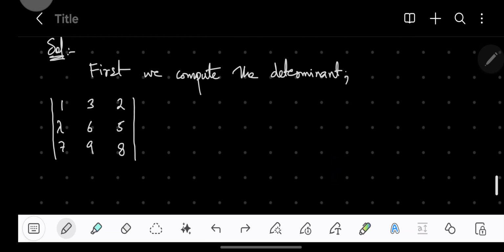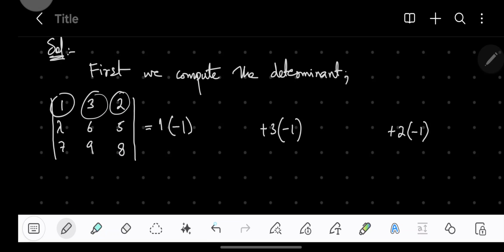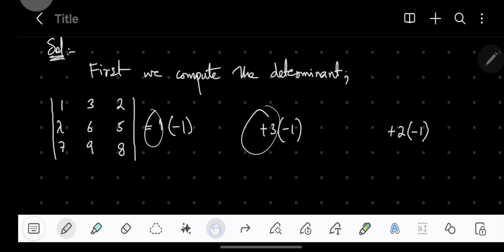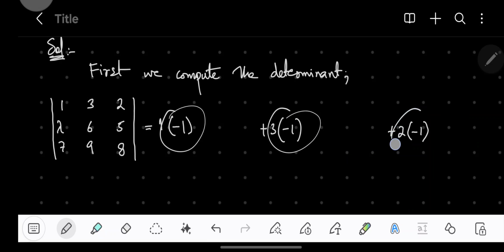So what is the determinant of this matrix? If we compute the determinant along the first row, you can check the first row has 1, 3 and 2. So I have put 1, 3 and 2. Then multiply by -1 to the power of something everywhere.